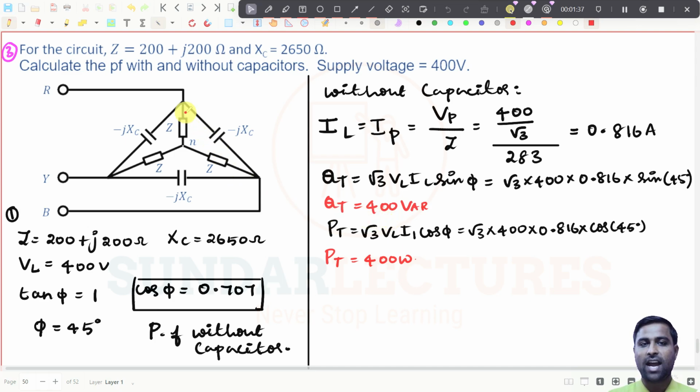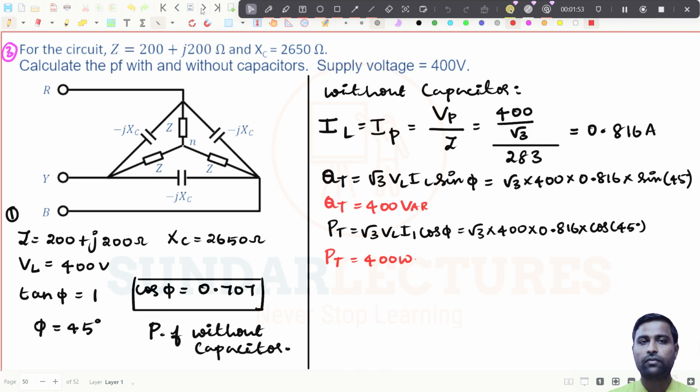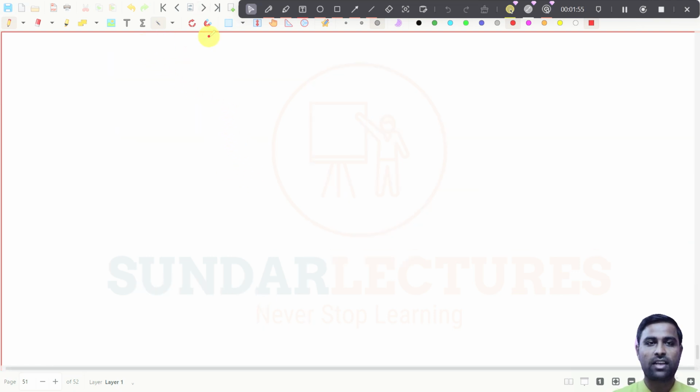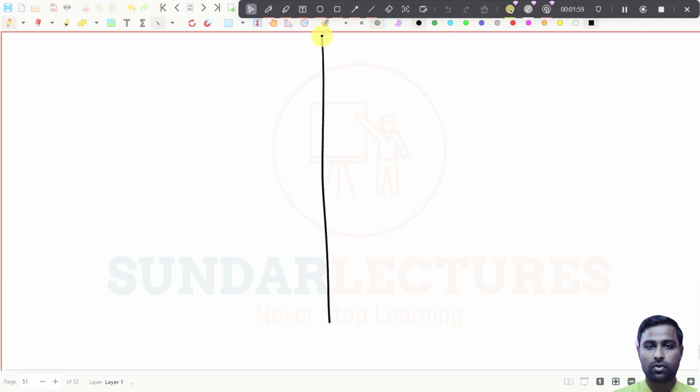Then if I add the capacitors, what will be the reactive power? That is what I need to find. If I know it, I can subtract that value to find the new power factor. So let me do that so that you can easily understand.